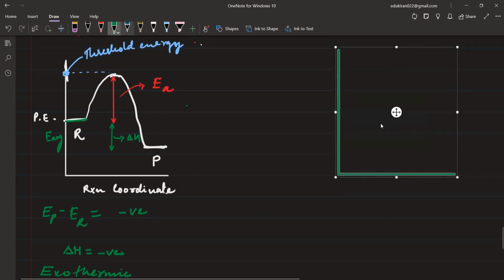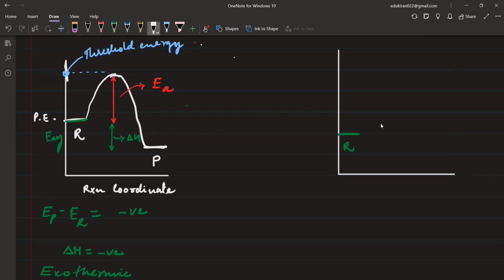Okay, please see here. This is a reactant molecule. This is product. This is your threshold energy.